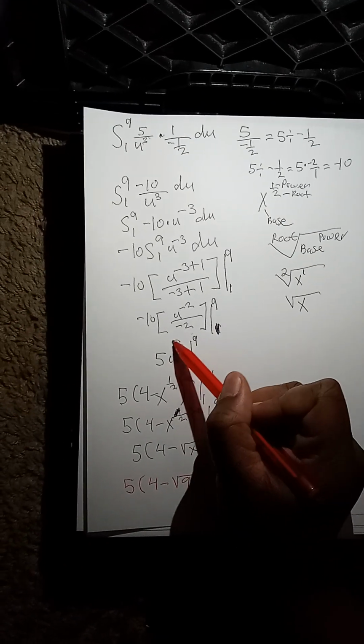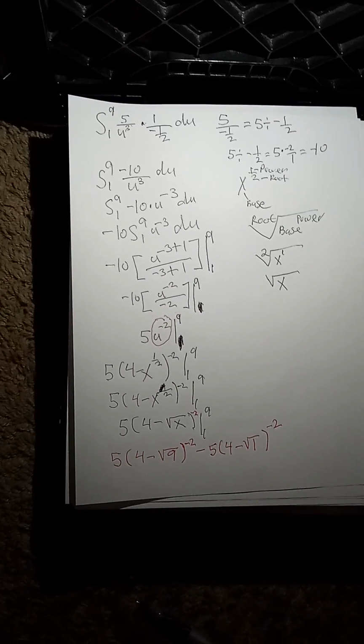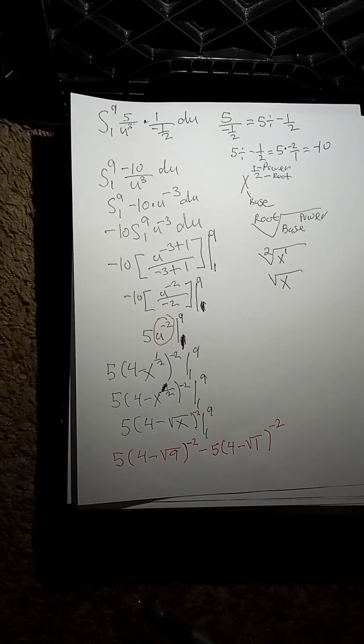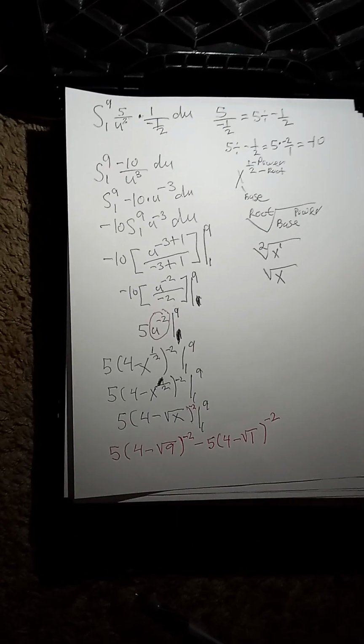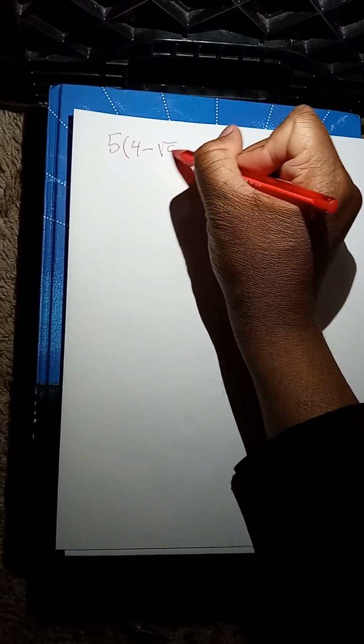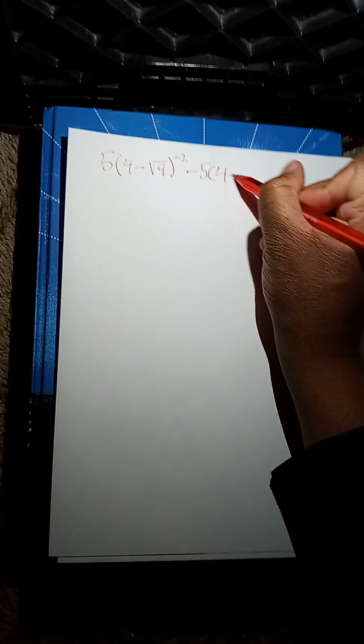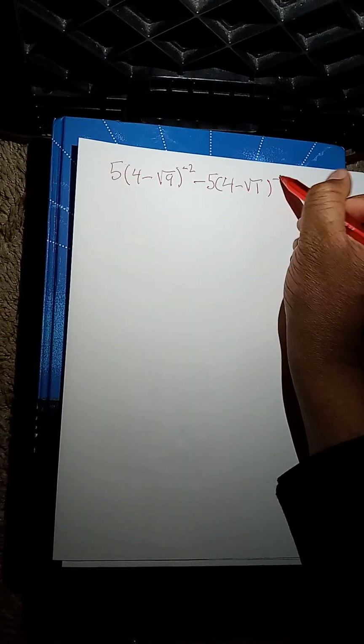We have to go back here, and the u is being raised to the negative second power, and earlier we had 4 minus x to the 1/2 as our u. So 5 times 4 minus the square root of 9 to the negative second power minus 5 times 4 minus square root of 1 to the negative second power.